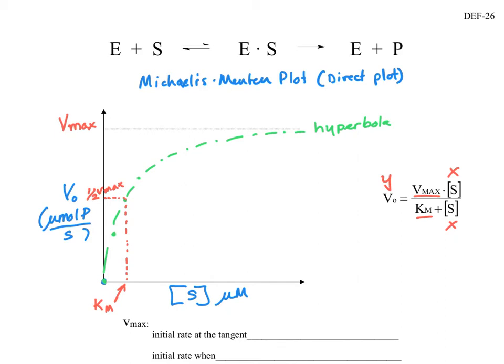So if we plot velocity on the y-axis as a function of the x-axis, we can determine Vmax and Km, and this will be a hyperbolic curve. That's what this equation is. It's a hyperbola. This is called the Michaelis Menten equation. And we will revisit it later.